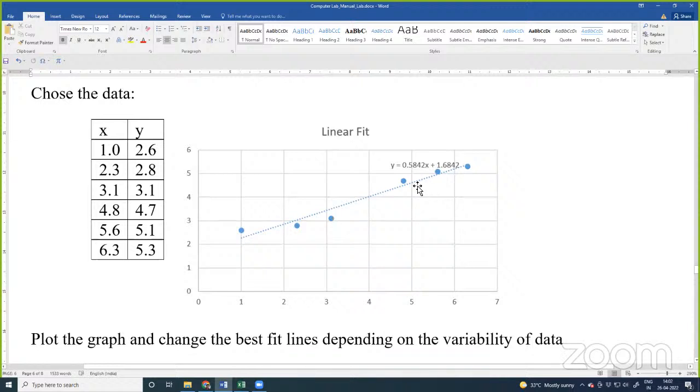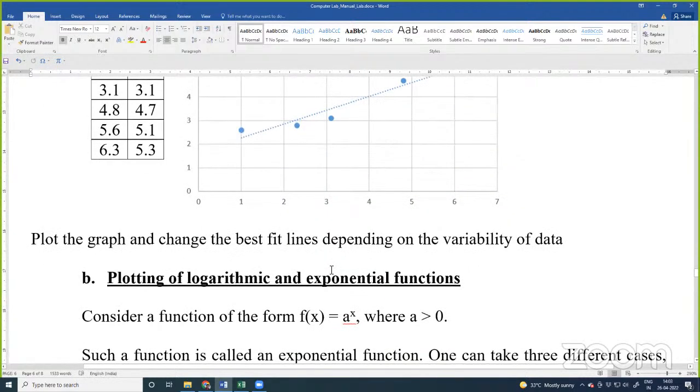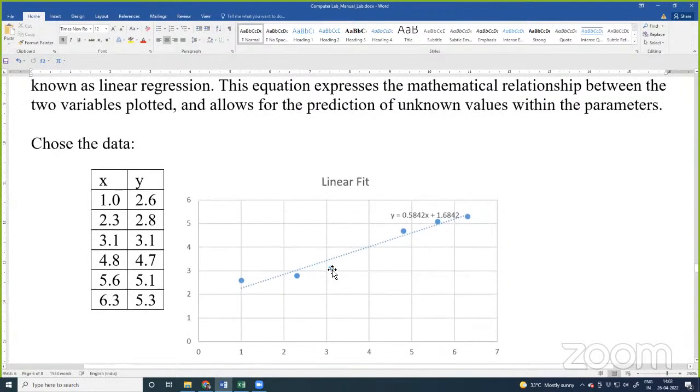Then 4.7 corresponds to 4.8, 5.1 corresponds to 5.6, and 5.3 corresponds to 6.3. If you plot the graph and change the best fit lines depending on the variable data, I will show you in the demonstration how it looks.